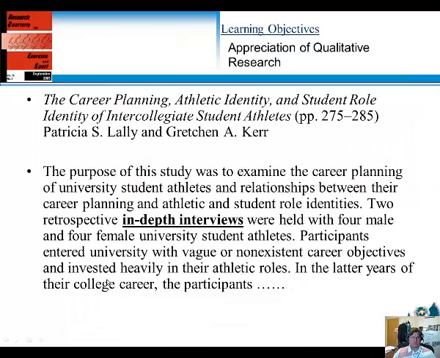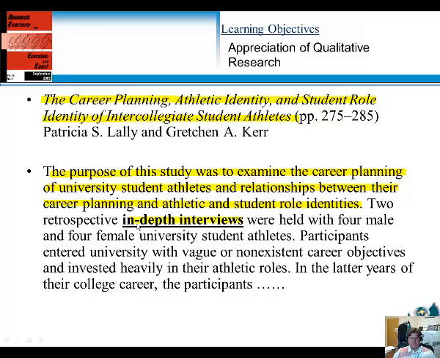Another article from Research Quarterly. This one was called The Career Planning, Athletic Identity and Student Role Identity of Intercollegiate Student Athletes. Long title, but anyway. Their purpose was to examine the career planning of university student athletes and relationships between their career planning and athletic and student role identities.